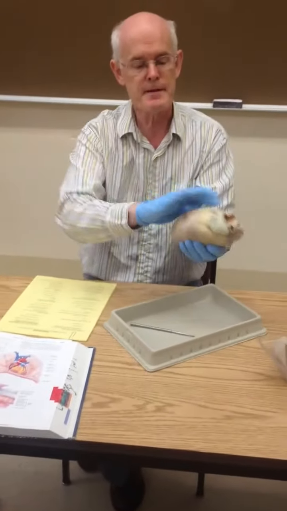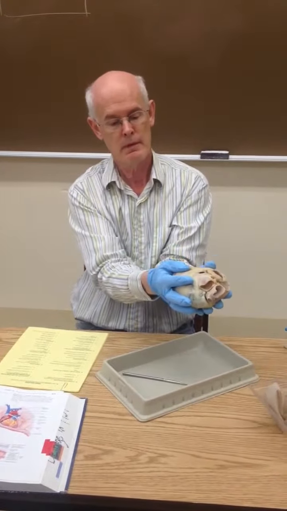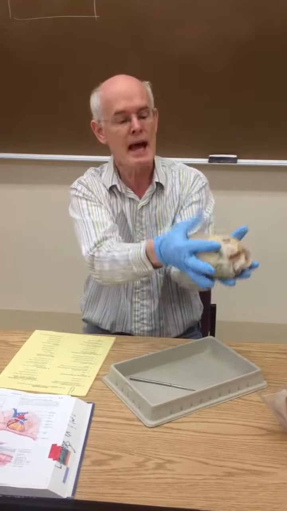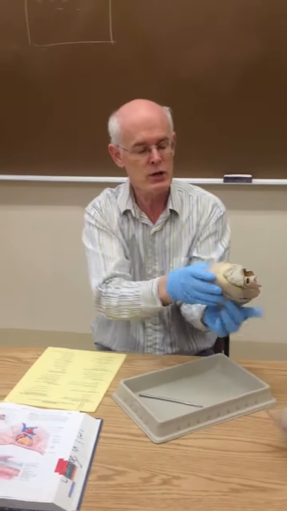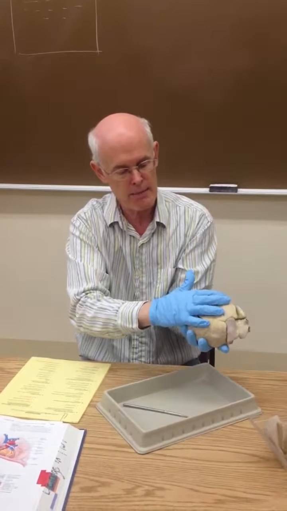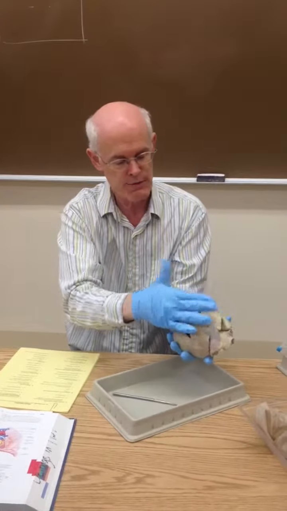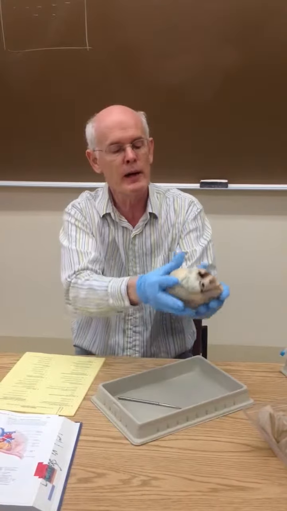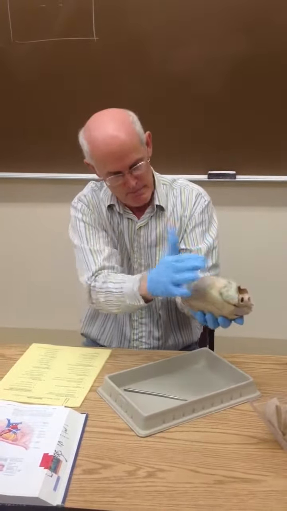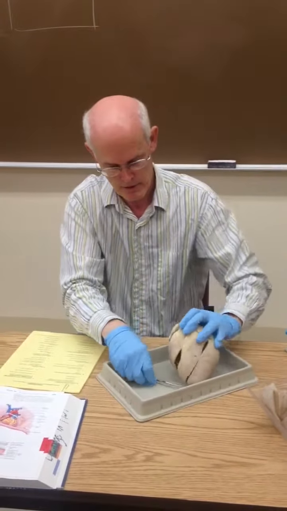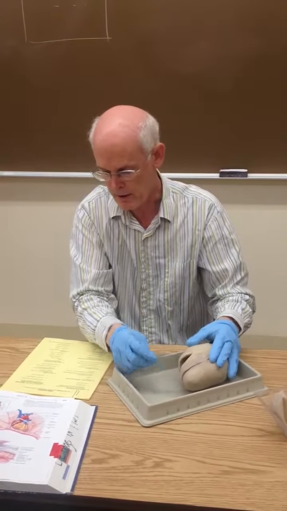So the visceral pericardium is really the same thing as the epicardium on the outside. In terms of a layer of the heart wall, it's the epicardium. In terms of its functional ability to produce serous fluid and keep the heart in a frictionless environment, it's the visceral layer of the pericardium.